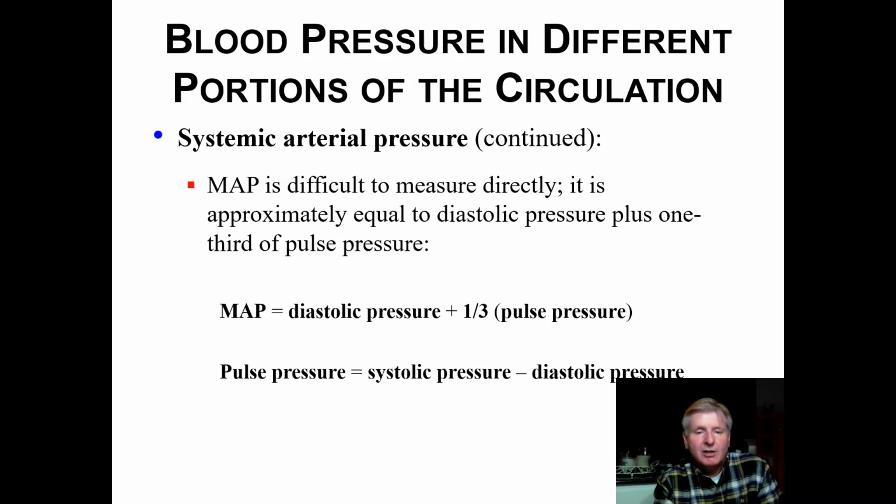You take your diastolic pressure, which is 80, plus 1/3 of 40, which is your pulse pressure. So 80 plus 1/3 of 40, about 13, gives you a mean arterial pressure of about 95 millimeters of mercury. And that's an average mean arterial pressure. So that takes into account your ventricular systole and diastole phases of your cardiac cycle.